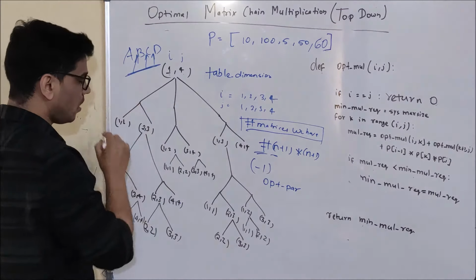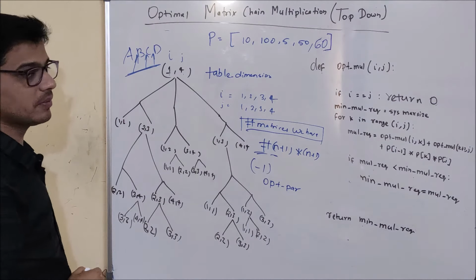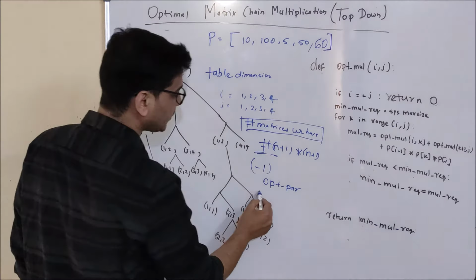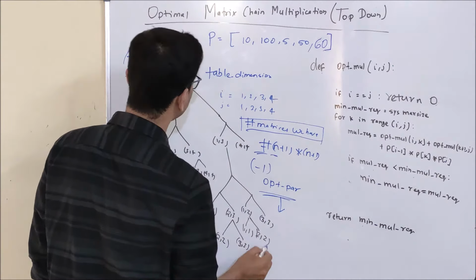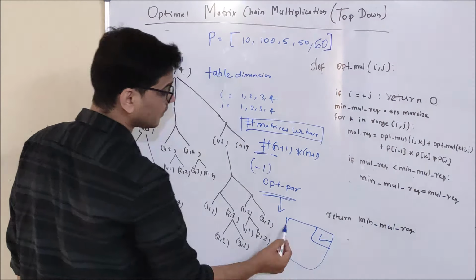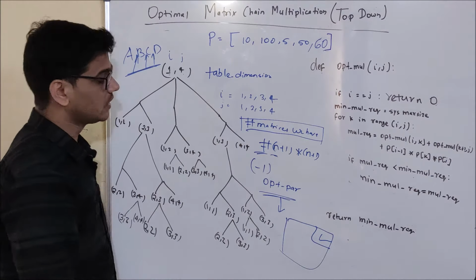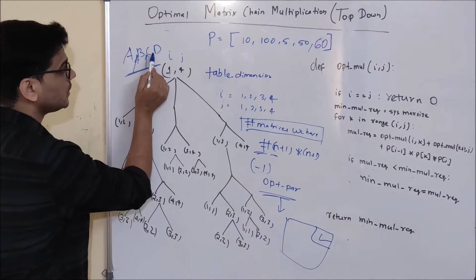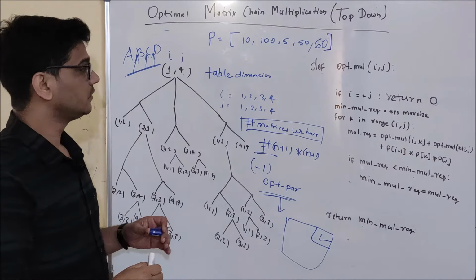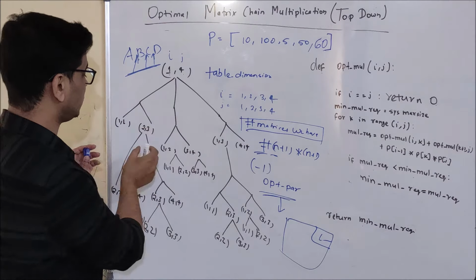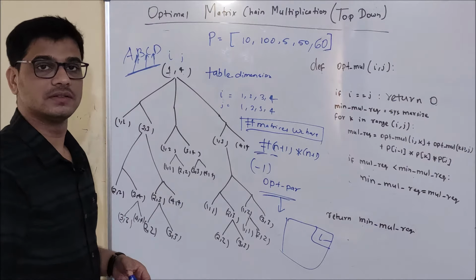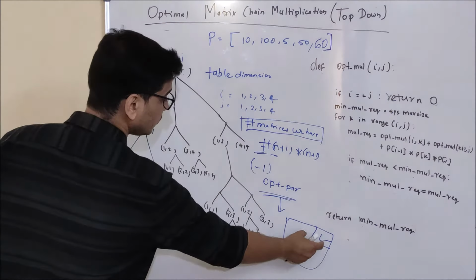Among these, I choose the one having the minimum number of multiplications. So in this optimal parenthesis matrix, in the 1, 4 cell, I will update what was the optimal way of parenthesizing, that is, whether I parenthesized after A, B or C. For example, for matrices from 1 to 3, what was the optimal way of parenthesizing. This is what I will update in the optimal parenthesis matrix.